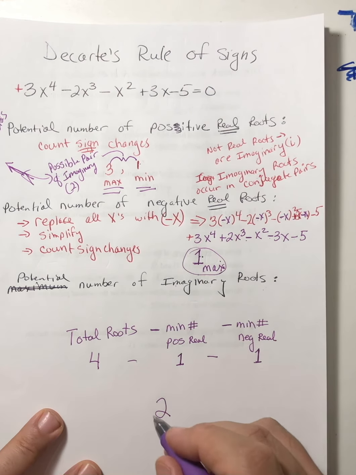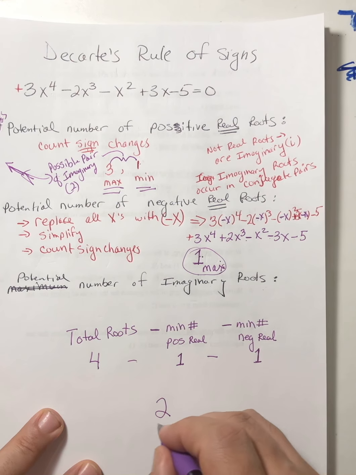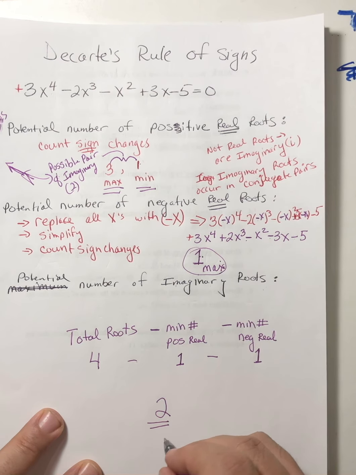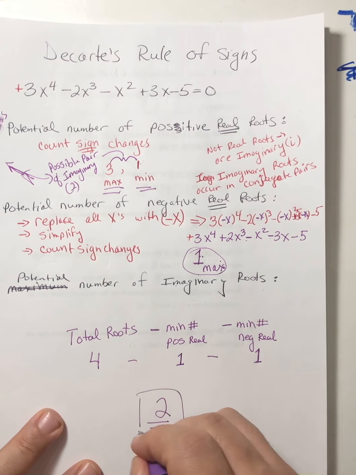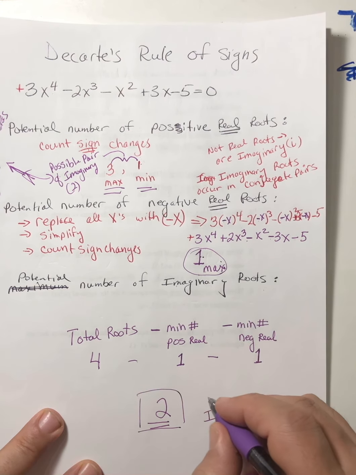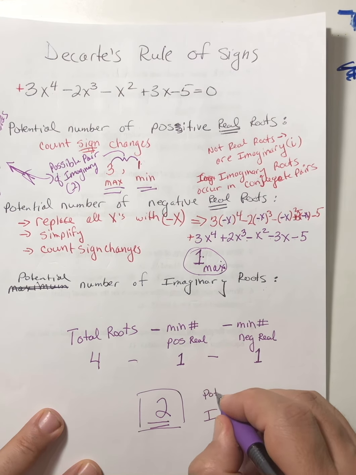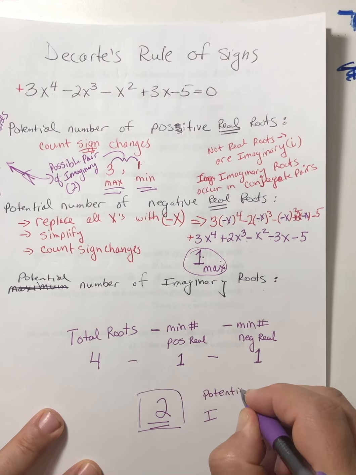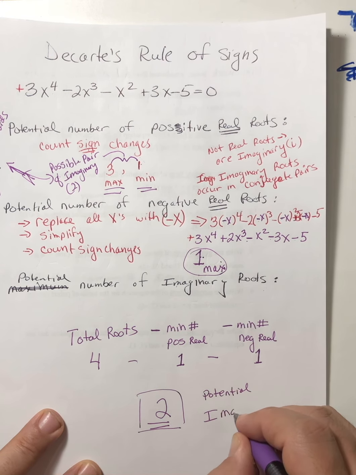We have a maximum total of 2 imaginary roots. So you have the potential for 2 imaginary roots.